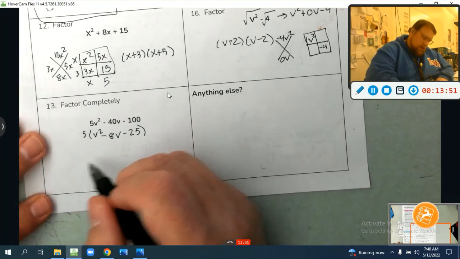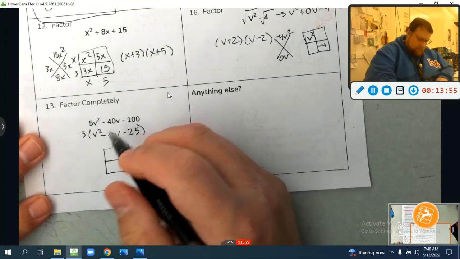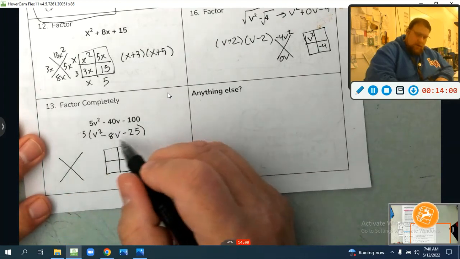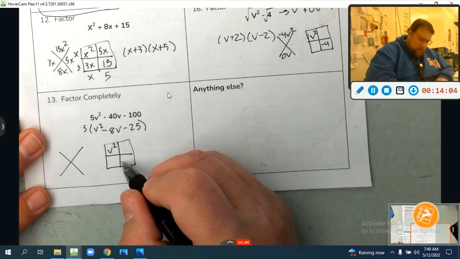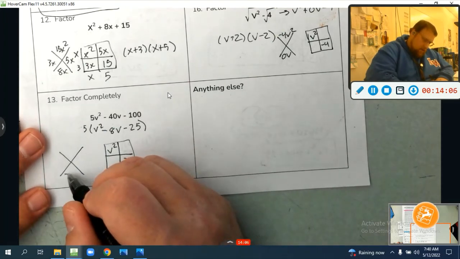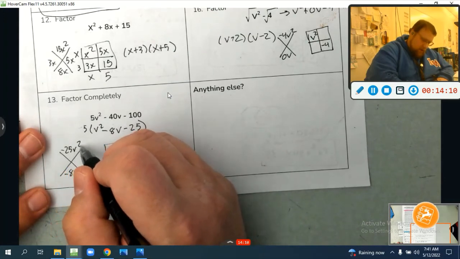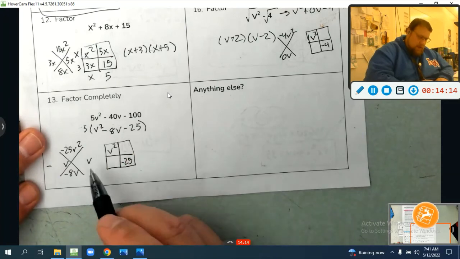And I'm going to go ahead and factor this. Here we're just factoring what's in the parentheses. So we got the v squared, we got the minus 25, minus 8v. So we know one's going to be a minus, one's going to be a plus.